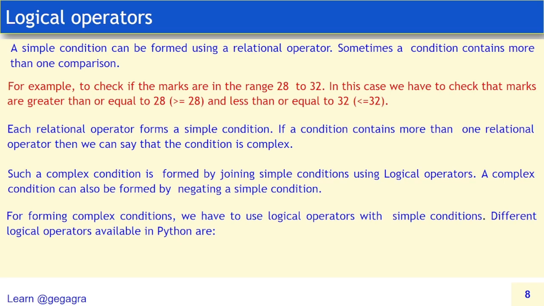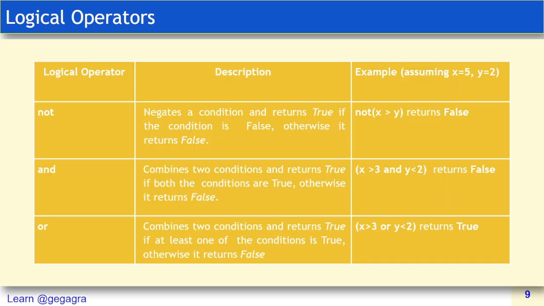Different logical operators are here in Python. So here we can see the logical operators, like not. What does not do? It negates a condition and returns true if the condition is false, otherwise it returns false.